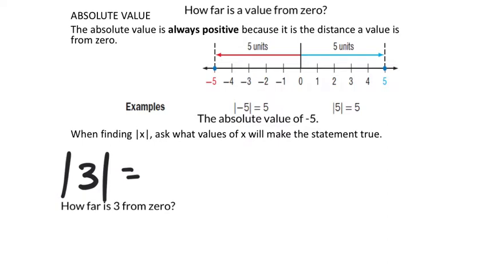Now that means it's a distance, and we never actually communicate distances with negatives. So 3 is still 3 away from 0, so that's why this is equal to 3. That's why this one right here, the absolute value of -5 is still equal to 5, because -5 is 5 away from 0. How far away is -5 from 0? It's 5. So it's the same distance from 0, just in a different direction.